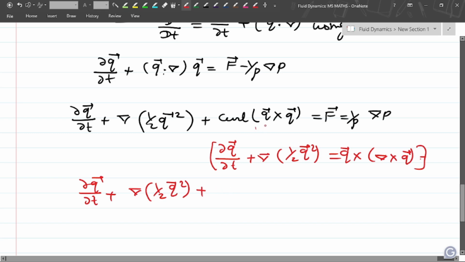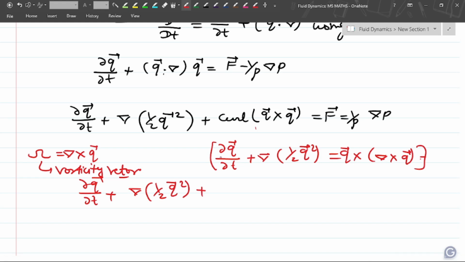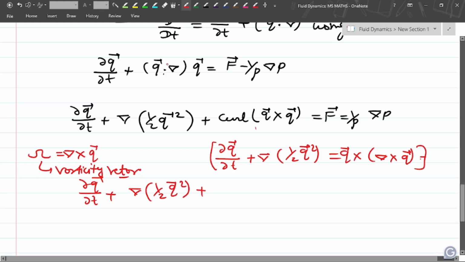I think there is a mistake in this term. Here omega is the del cross q vector, which is basically the vorticity vector, and we want to generate Lamb's hydrodynamic equation here.